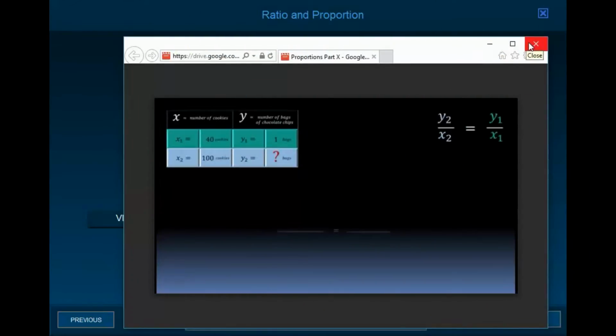We are at this point. We know that we need 1 bag of chocolate chips to make 40 cookies. We want to figure out, if we want to make 100 cookies, how many bags of chocolate chips do we need?